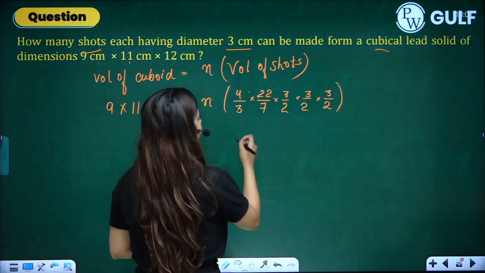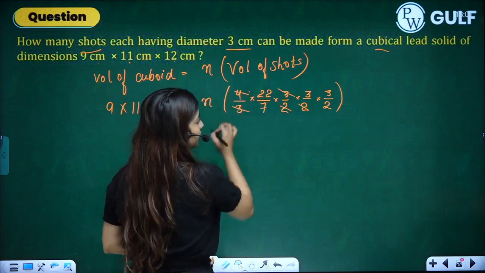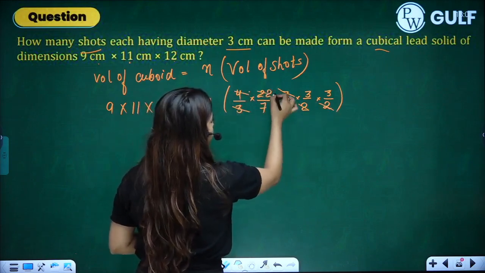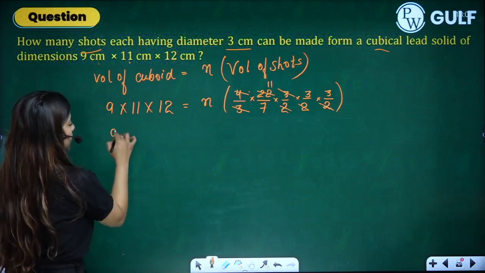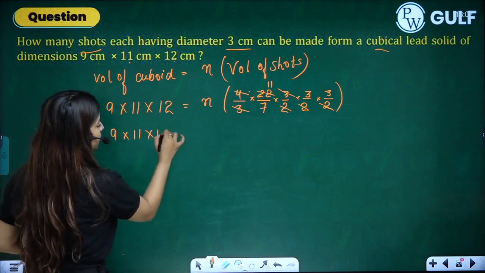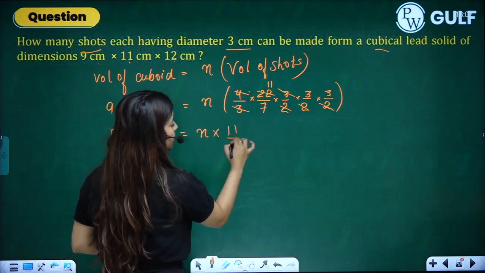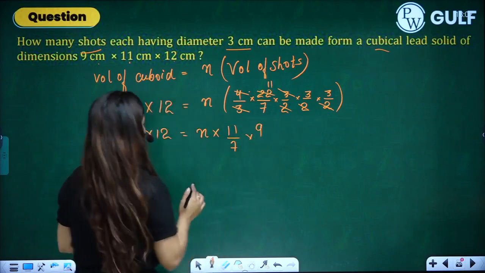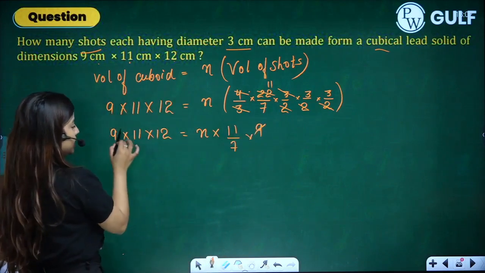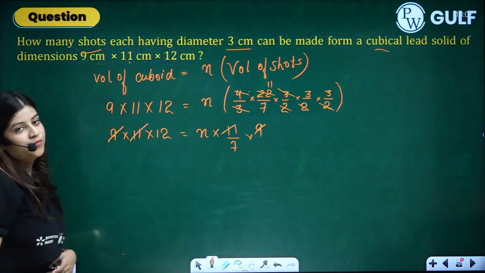Now, whatever is getting cancelled, we can cancel it out. 2 and 2 will get cancelled from 4, and this will get cancelled with 11. So what we are left with, students, is 9 into 11 into 12 equals n into 11 by 7 into 3, that is 9. So see, 9 and 9 will get cancelled out, 11 and 11 will get cancelled out.